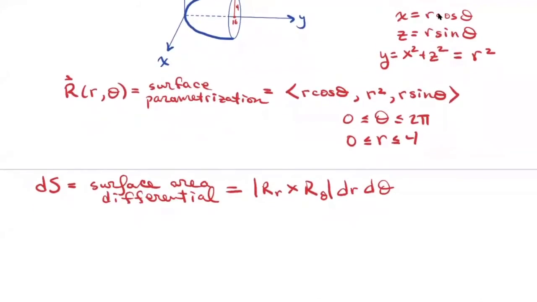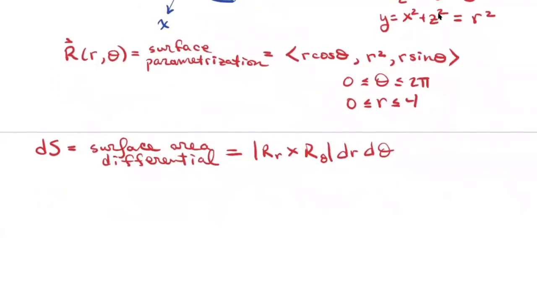And now we have some work to do. So we have to do some partial derivatives. Partial of R with respect to little r would be cos theta, 2r, and sine theta. Any questions about that one? And then R with respect to theta.